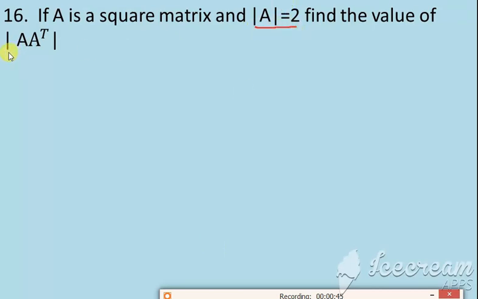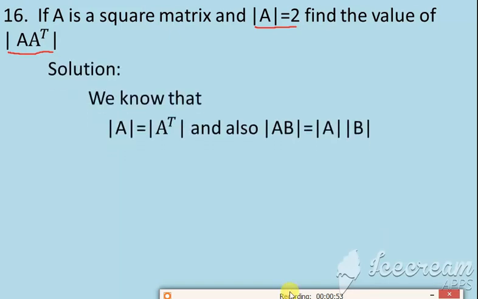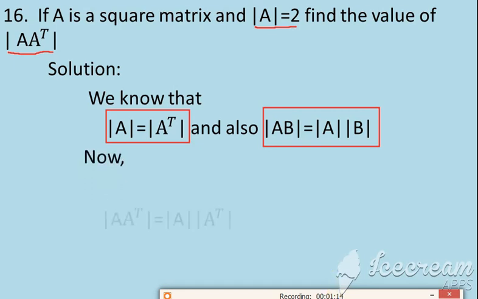We know the properties: determinant of A is equal to determinant of A transpose, and also determinant of AB is equal to determinant of A into determinant of B. We use these two properties to find the value of determinant of A transpose.